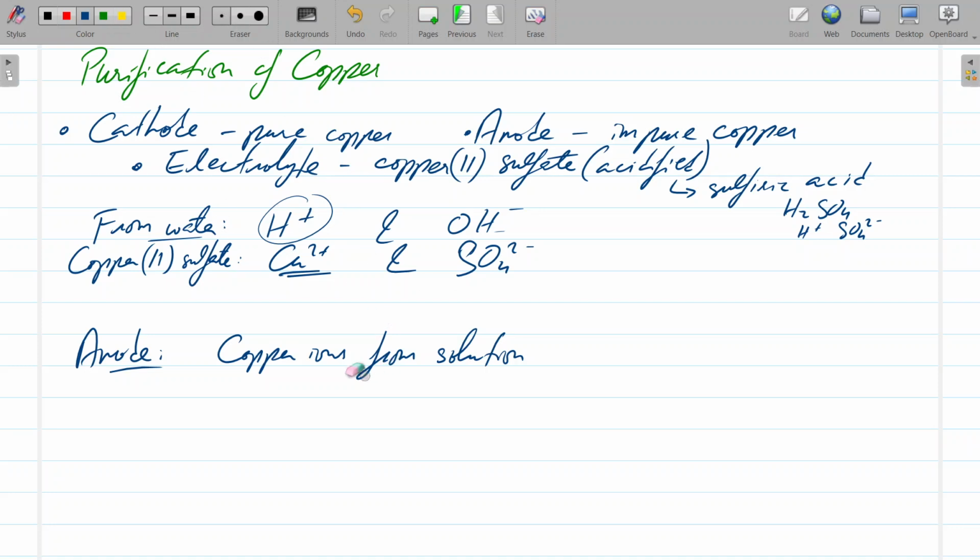My bad. Ions come on the other side. So copper atoms at the anode are going to give up their electrons.